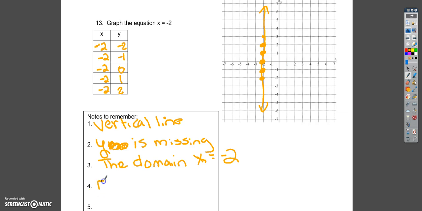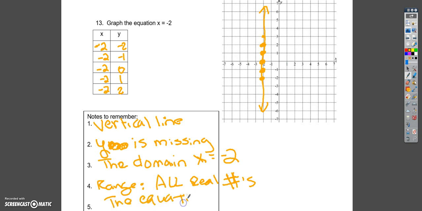Our range just keeps going on that y-axis. It's always going to touch every number on that y-axis, so the range is all real numbers. And we need to notice that the equation is x equals a number.